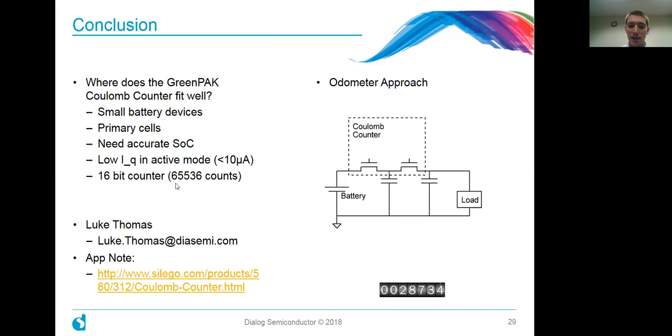So this is going to count up to 65,536 counts. And you can actually chain these together to get over 1 million counts if you need. If you have a fairly larger battery, or if you're running with small capacitors, you can get a fairly large value of counts, and it's just going to take a few more I2C reads to get to that.